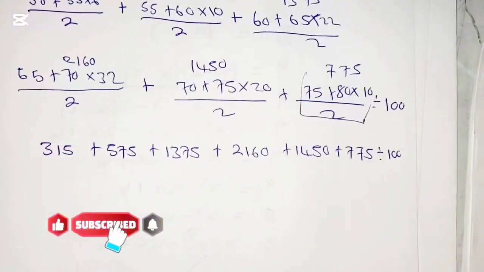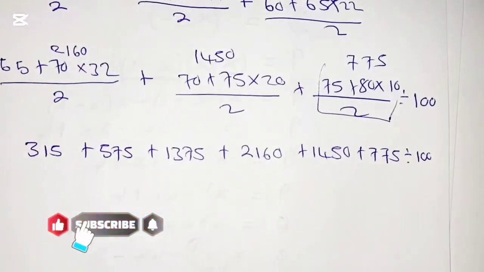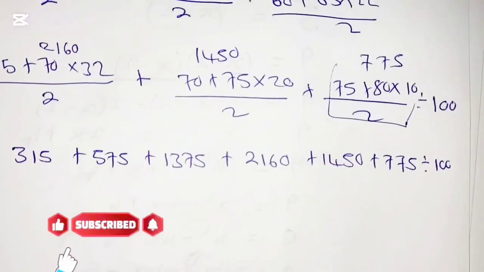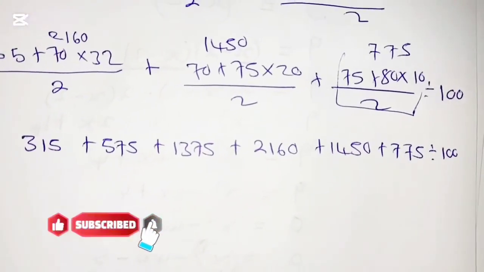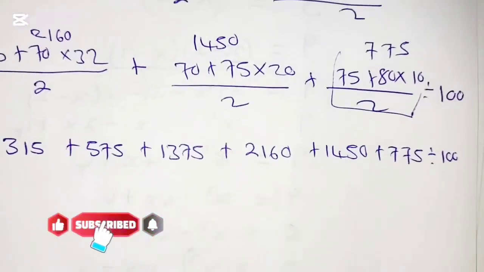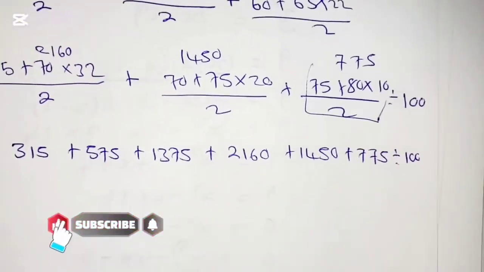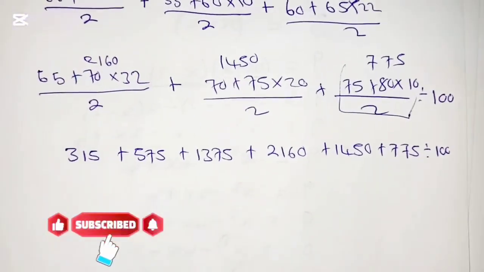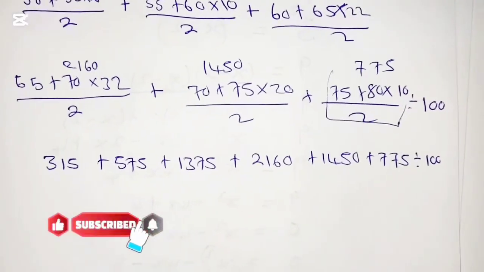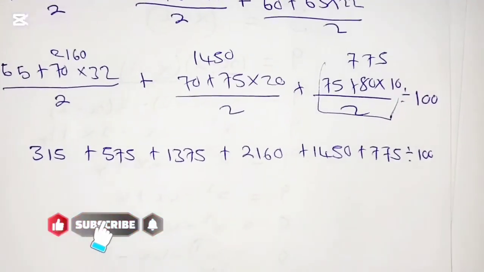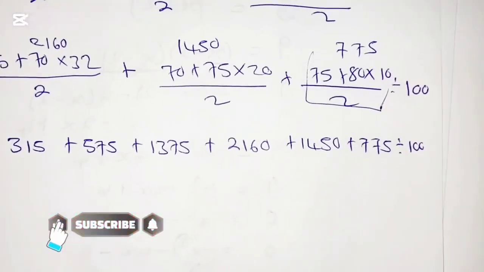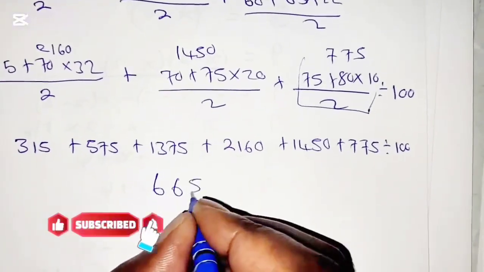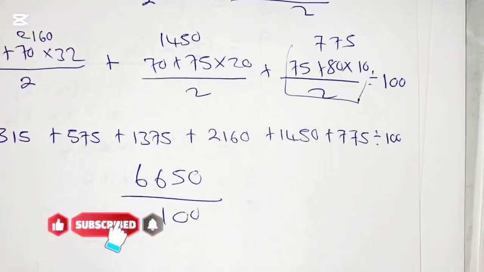So I'm adding 315 plus 575 plus 1375 plus 2160 plus 1450 plus 775 is equals to 6650, then divided by 100.